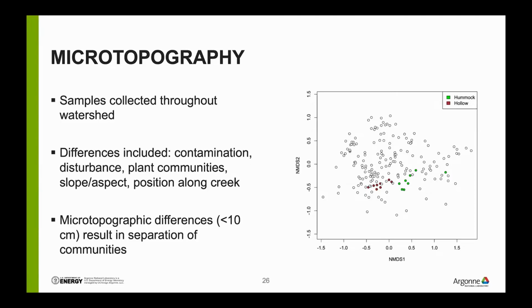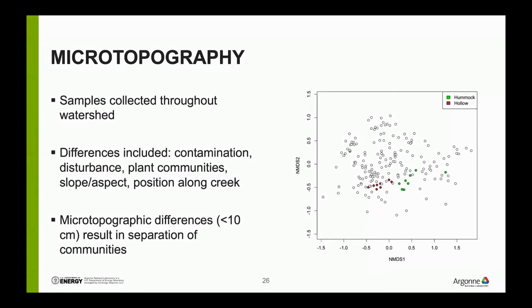Okay, and so one of the things I wanted to pull out here in particular is an even smaller scale version of what I was talking about with Grand Bay, which is looking at hummocks and hollows. These are raised areas at the base of trees, and lowered areas in between tree trunks that occur typically in these southeastern wetlands.